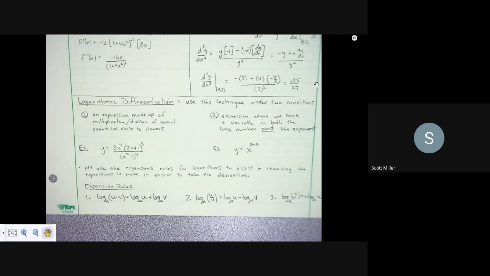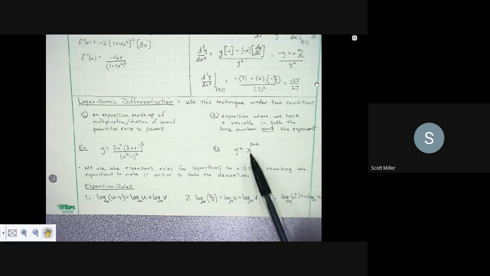You're going to use this under two conditions, in my opinion. Number one, you have an expression made up of multiplication and division of several quantities raised to powers. That's what we have. The other time you're going to use it is when the expression has a variable in both the base and the exponent.